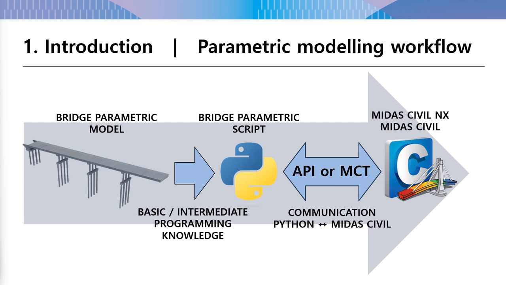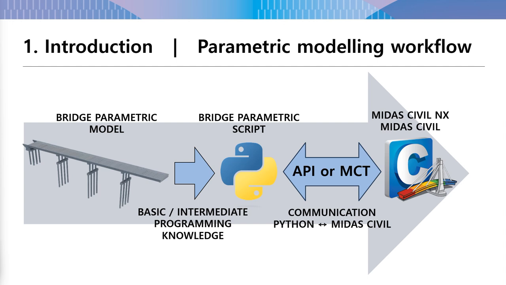Then the next step is to translate this idea into the parametric script, for example, in the Python programming language. This task requires basic or intermediate programming knowledge. For extremely general parametric bridge models, this may require advanced programming knowledge.